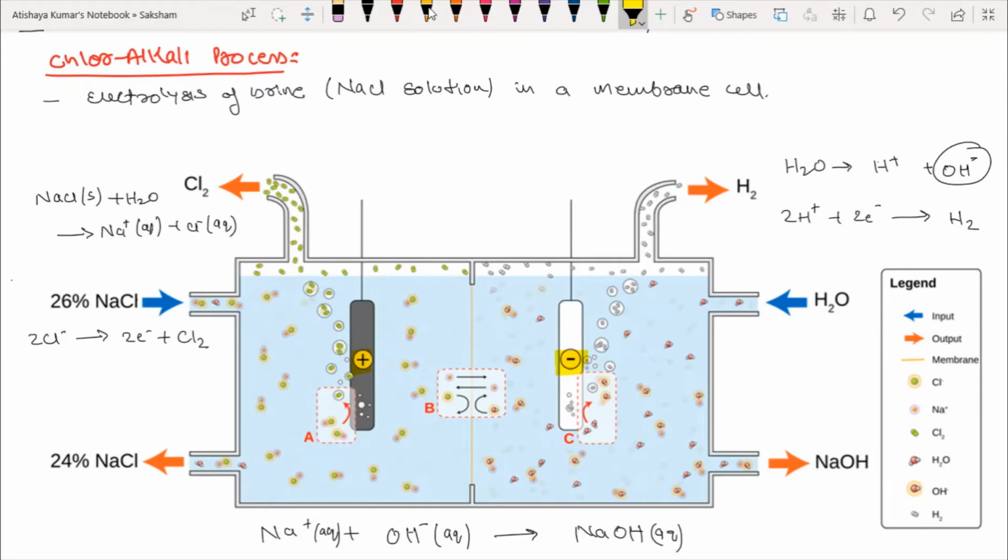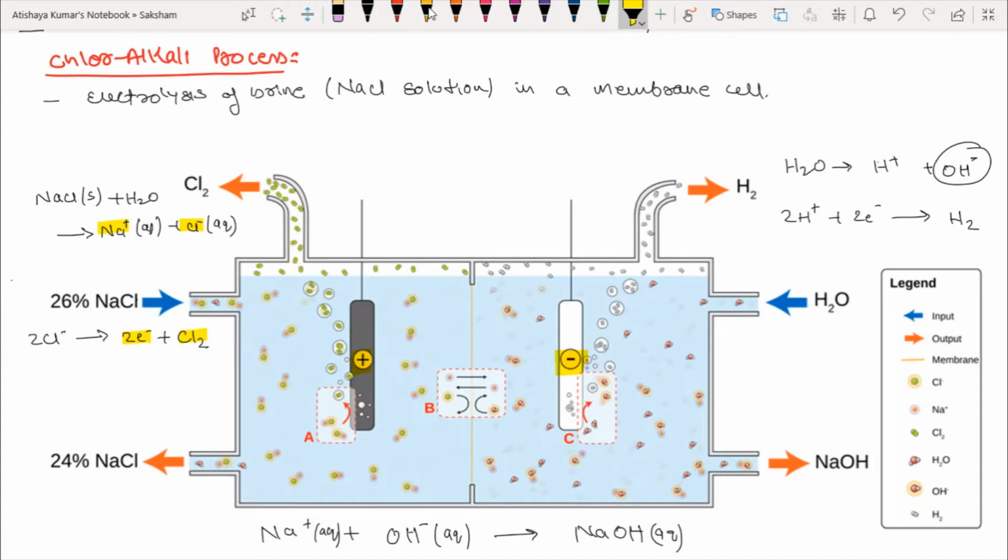In this chamber, we are feeding 26% sodium chloride as an input, which will dissociate into Na+ and Cl- ions. Since Cl- is negatively charged, it will get attracted to the positively charged electrode, and it will lose 2 electrons to give one molecule of chlorine. That chlorine gas will rise above the chamber and will be taken out from this pipe.